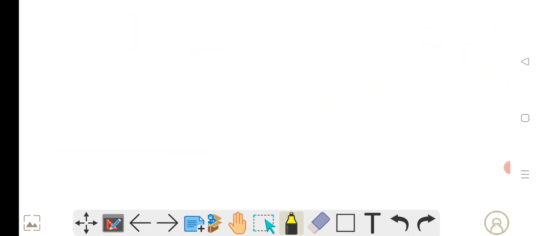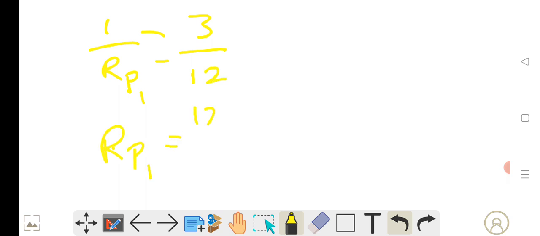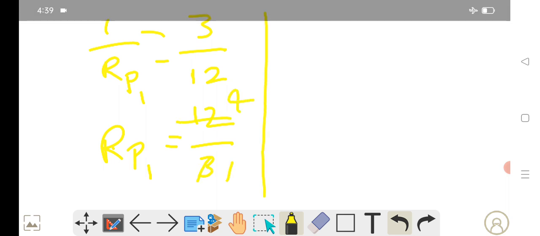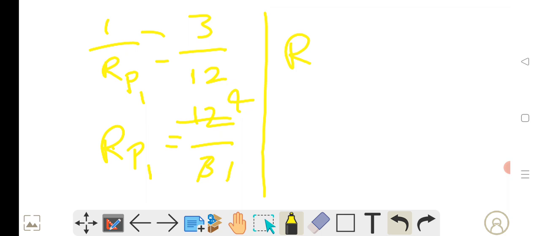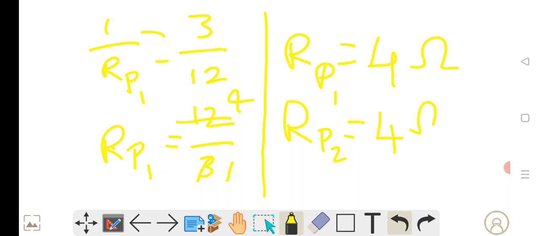Now 1 by Rp1 is equal to 3 by 12. So Rp1 is equal to 12 by 3, 3 fours are 12. In the same way, if you do for Rp2 also, you have same. Rp1 is equal to 4 ohm. In the same way, Rp2 also you do it, you will get 4 ohm only.